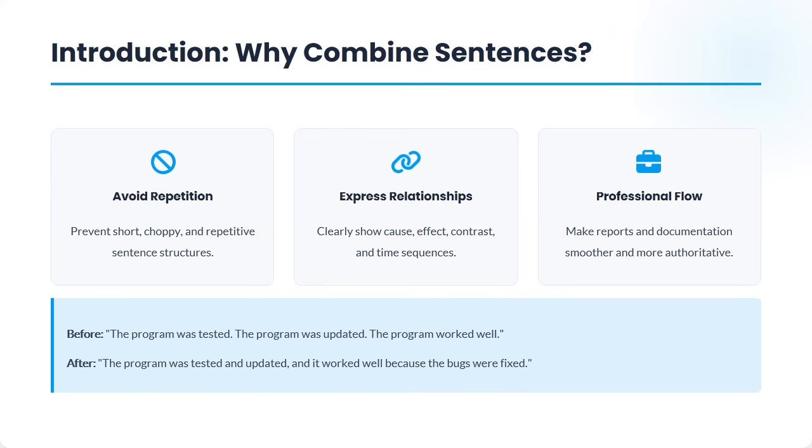It helps you to express relationships, that is to say, it states a clear link that can help you provide coherence within the text by showing cause, effect, contrast, and time sequence. And finally, combining sentences makes your writing professional, having a logical flow. It makes reports and documentation smoother and more authoritative.